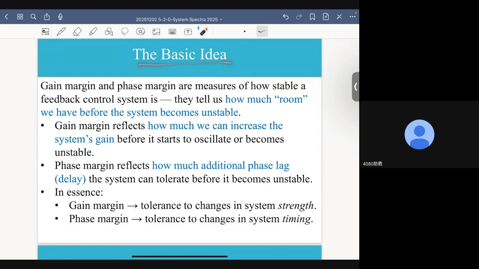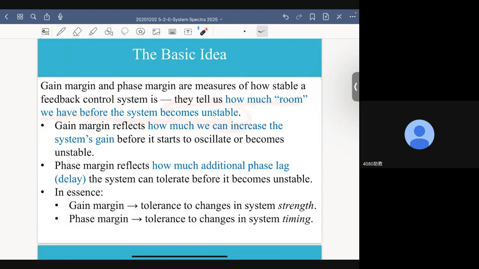Now, let's describe the basic idea of gain margin. Gain margin and phase margin are measures of how stable a feedback control system is. That is, they give us absolute measures to characterize the relative stability of the system. They tell us how much room we have before the system becomes unstable.